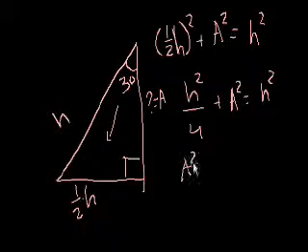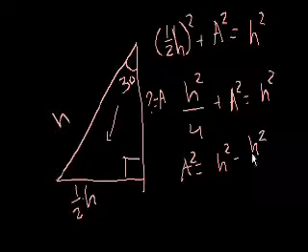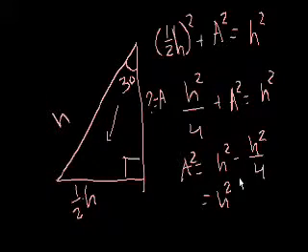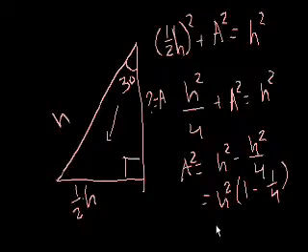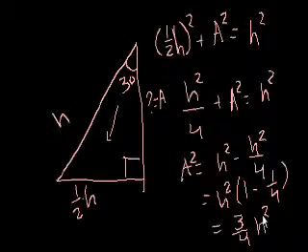We get a squared is equal to h squared minus h squared over 4. So this equals h squared times (1 minus 1/4). This is equal to 3/4 h squared. Excuse the cough. And once again, that's equal to a squared.